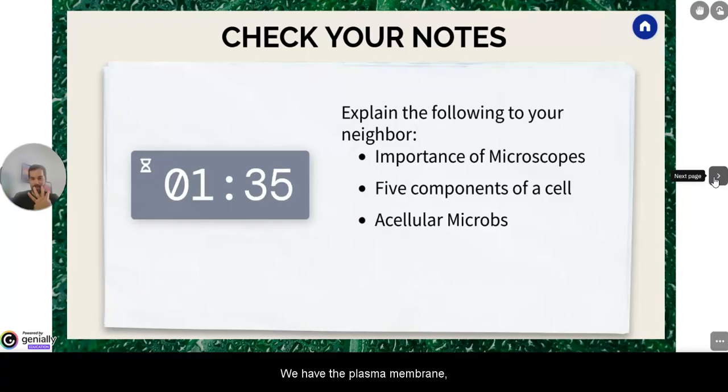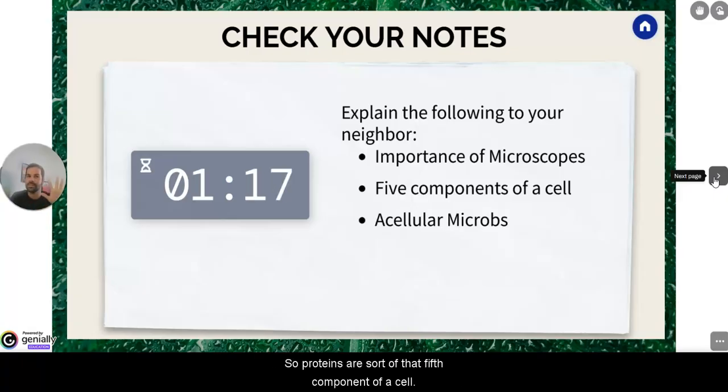We have the plasma membrane, the cytoplasm, the genetic material, DNA and RNA, and ribosomes, but then sort of inherent part of the plasma membrane and part of the ribosomes, you can't have a cell without proteins. So proteins are sort of that 5th component of a cell.